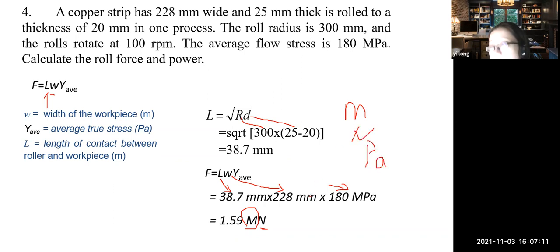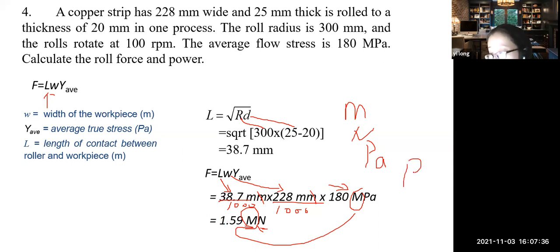All these are standard units, SI units. So in this case, since it's a millimeter, get rid of this millimeter, divided by 1000. This one also divided by 1000. Then this mega will still be here. All these things you just times together will be 1.59 mega.